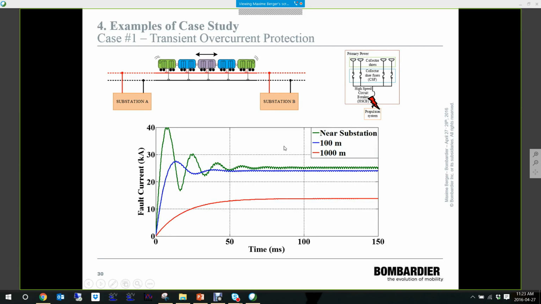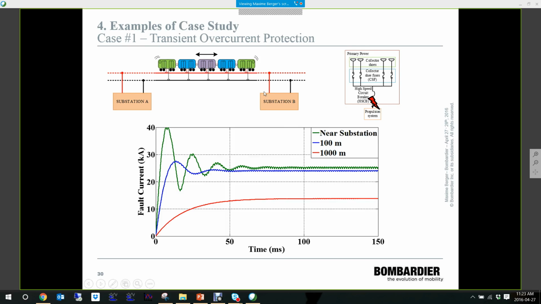So now here are some examples of case studies. First of all, if we do a short circuit here at the output of this high-speed circuit breaker, the fault current that is going to be seen by the vehicles will depend on the location of the train throughout the DC traction power system.